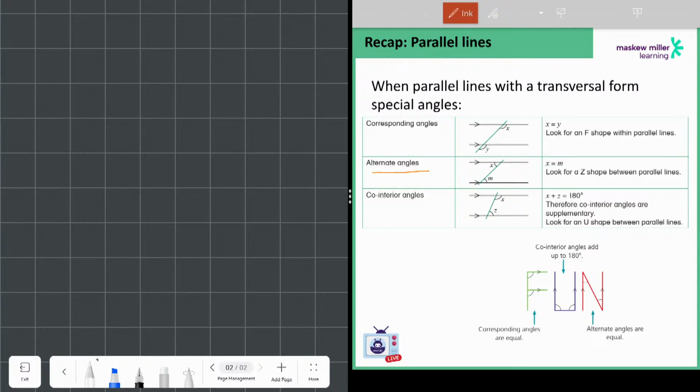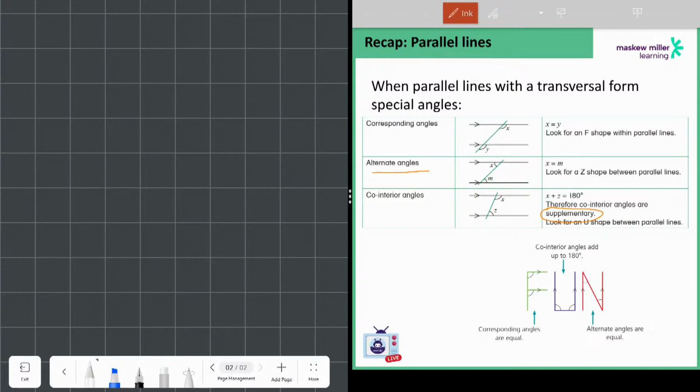co-interior angles. So co-interior angles, they are not equal, but the sum of the co-interior angles adds up to 180 degrees, which we usually call supplementary in the language of maths. So they are supplementary, and that is a U shape. So you can have your U shape looking up, you can have it looking down or sideways.